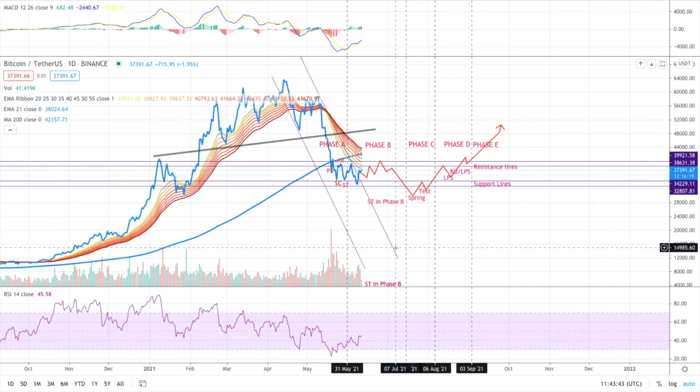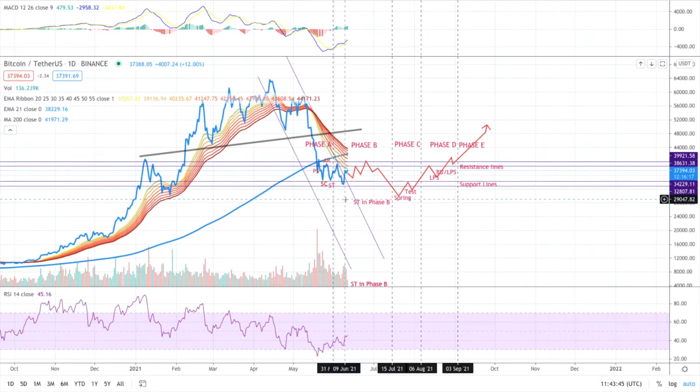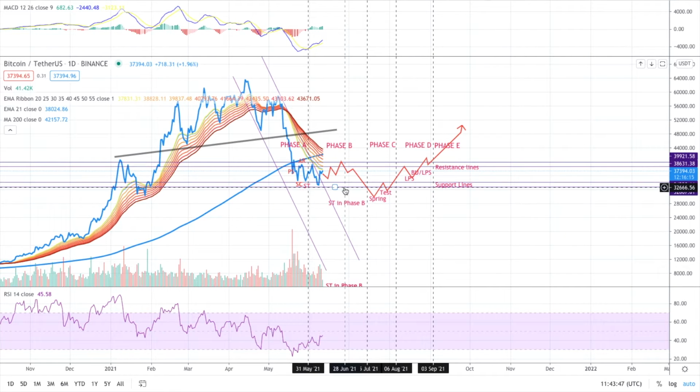So we'll see. But I think that on balance, I don't really think we're quite there yet.